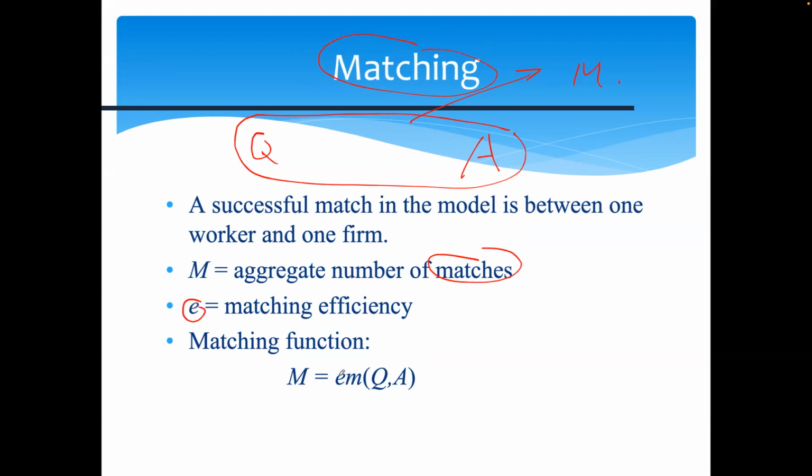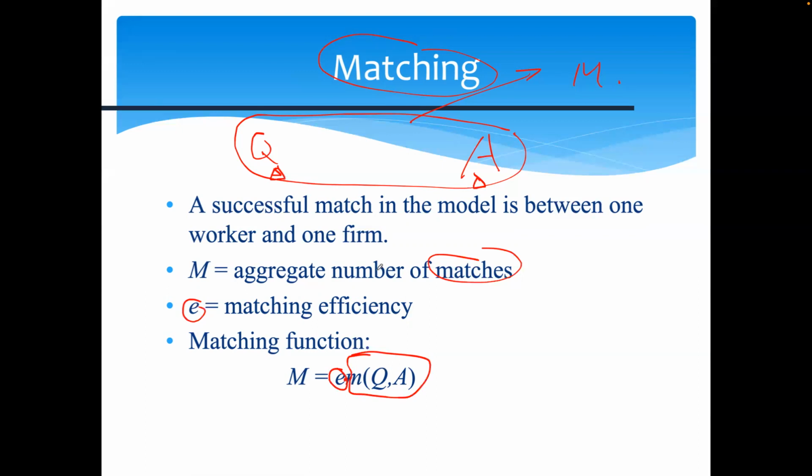So what's the matching efficiency? First, look at it here. E multiplied by a function of Q and A gives M. Without E, it just says, depending on how many are in the labor force and how many vacancies are available, this function is going to tell you how we cook up this M. This is like a production function.